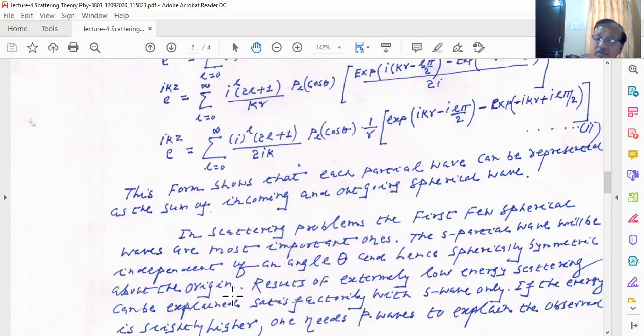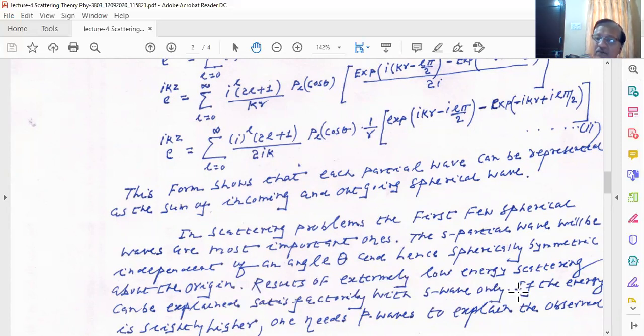These waves are very useful to understand the low energy scattering. So please remember, the results of extremely low energy scattering can be explained satisfactorily with the S wave only.